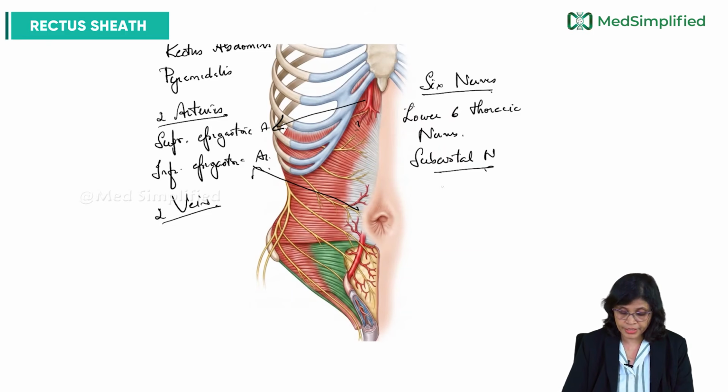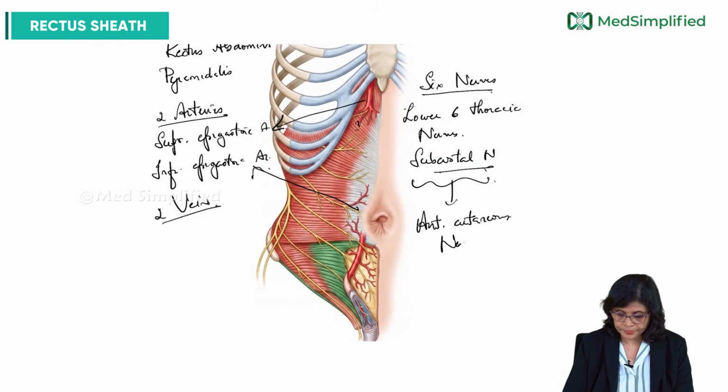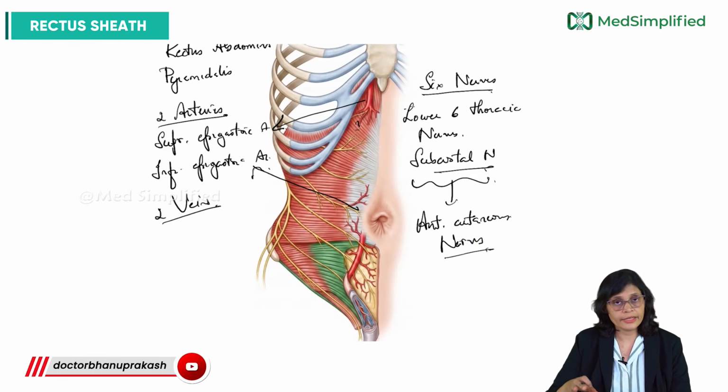When they become cutaneous, we call them the anterior cutaneous nerves. So that is their course through this rectus sheath.